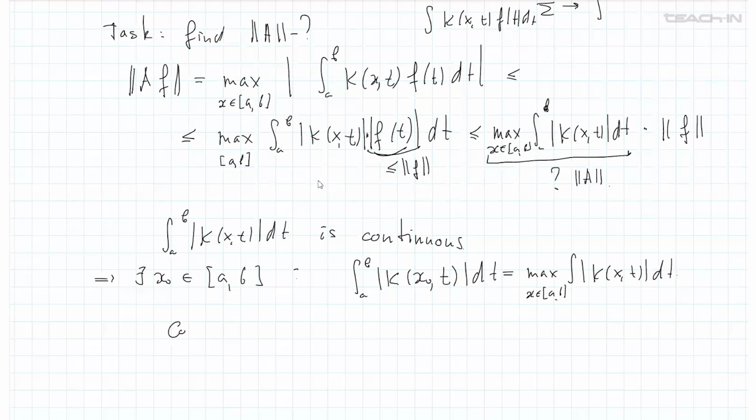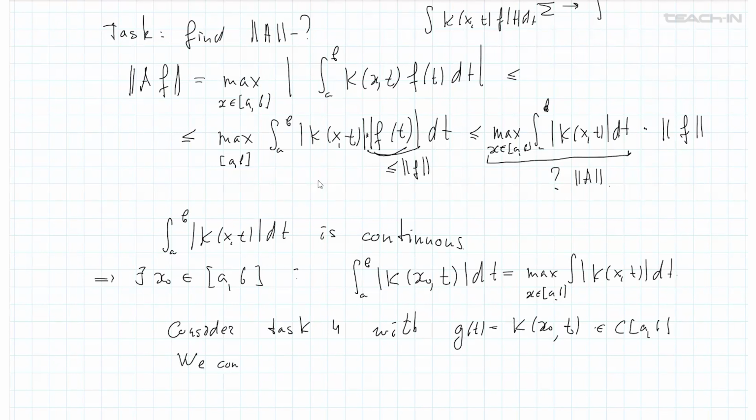And then consider task 4 with g(t) a continuous function. In task 4, we construct f epsilon tilde such that our functional tends to the norm.